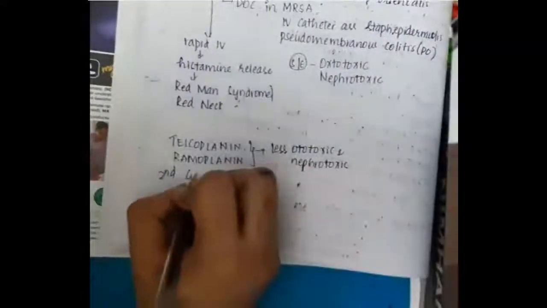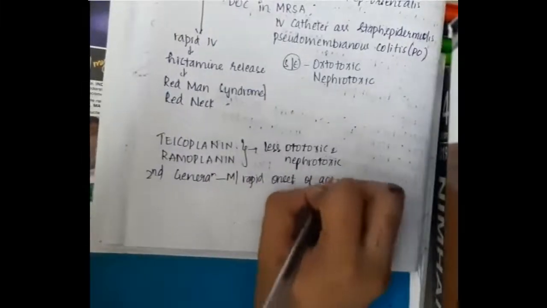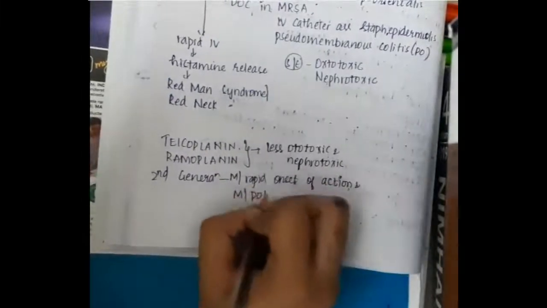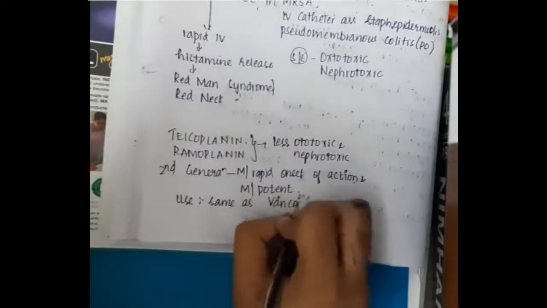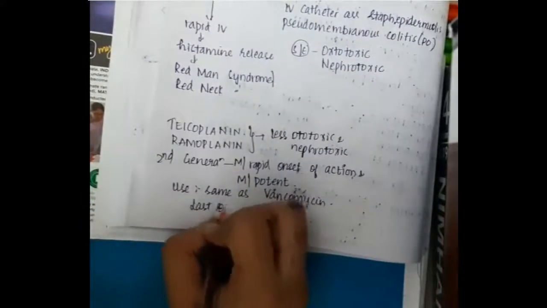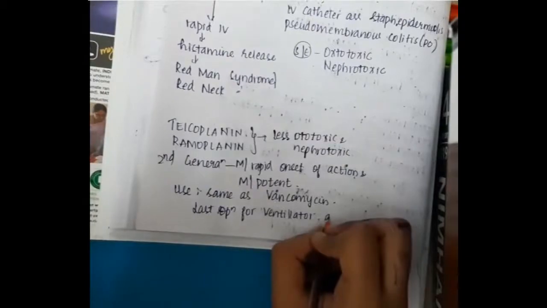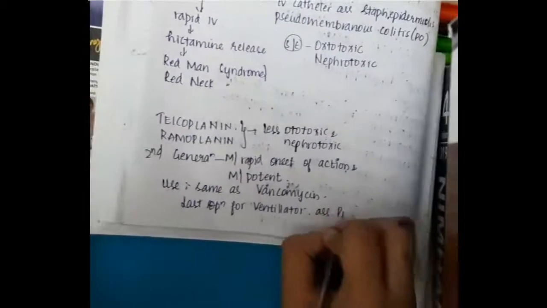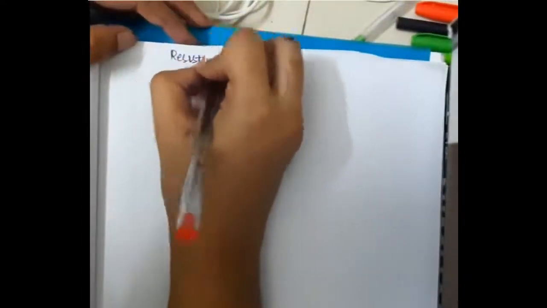Then we have second generation glycopeptides. These second generation glycopeptides have more rapid onset of action and are most potent, and the use is similar to that of vancomycin, that is in MRSA and the others. These second generation glycopeptides are the last option for ventilator associated pneumonia.